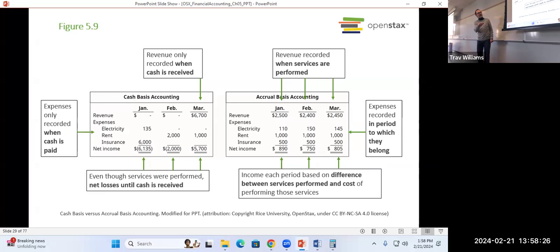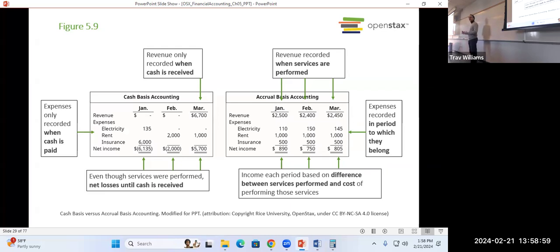They paid for an insurance policy all at one time, but here they're only counting $500 of expense every month, which is more accurate because it's a year-long policy. So we get a lopsided view here. It looks like they're losing a lot of money here in January and making a lot of money in March. That is true about what's happening with the company's cash flow.